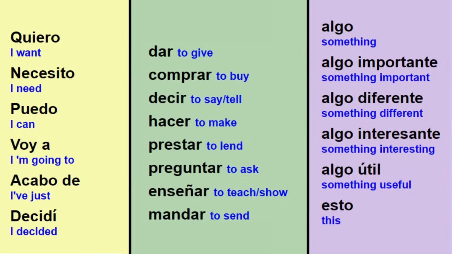We would know this by the context of the conversation. Something interesting. And what about: Necesito darte algo importante? I need to give you something important.